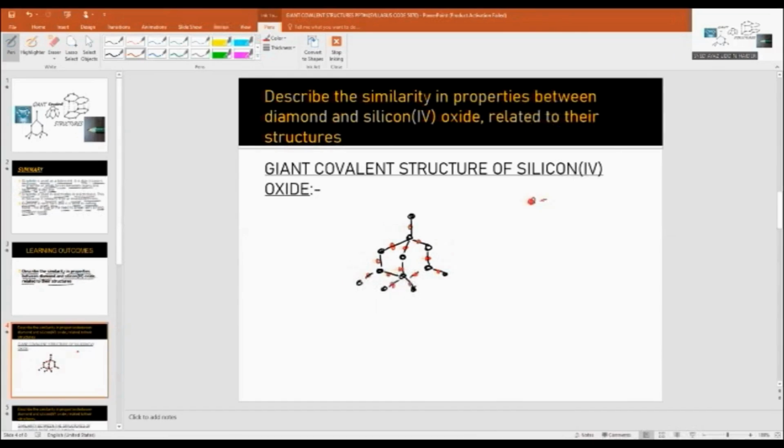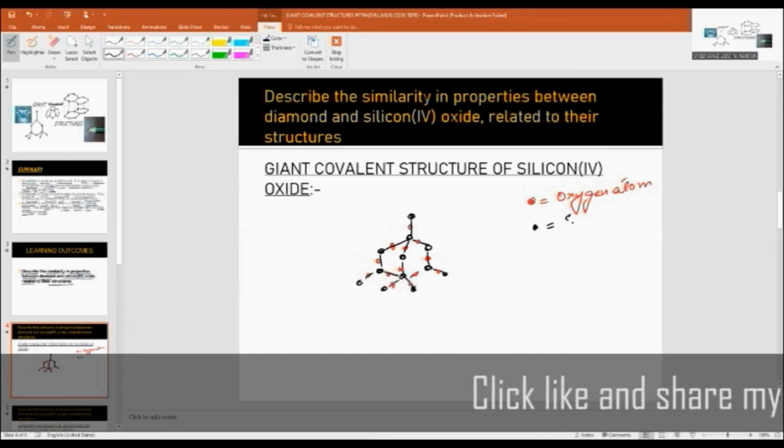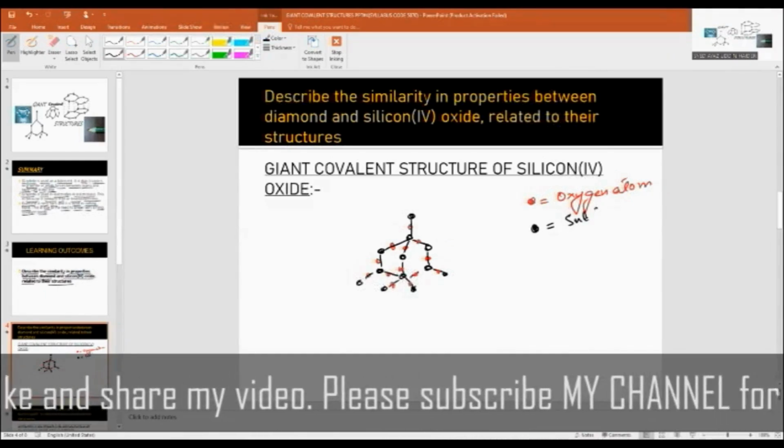So this is oxygen atom. The black dots are silicon atom.